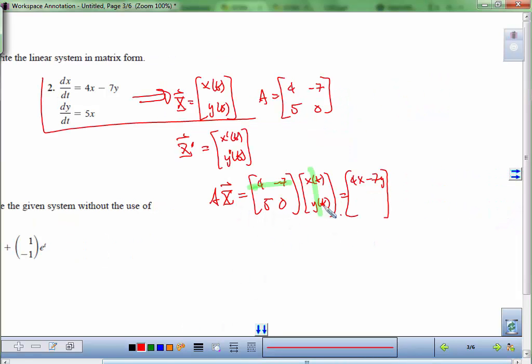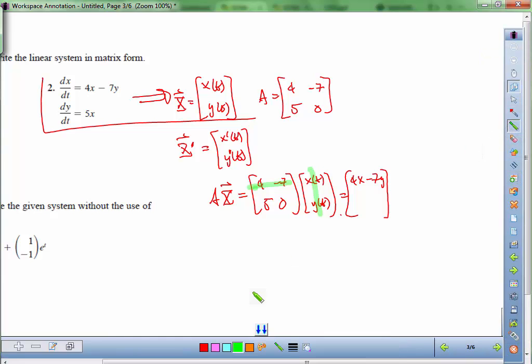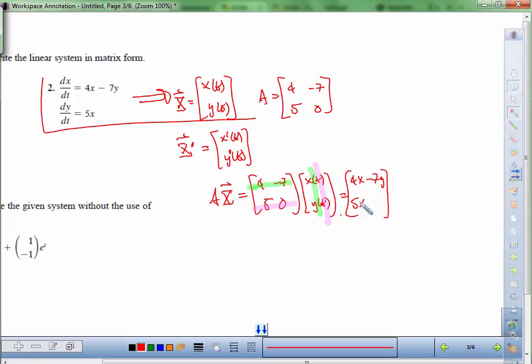And then if we take the second row and that column, it would give us a 5x plus 0y. And so that's exactly what we have on the other side. So we can say that the x prime is equal to this, the y prime is equal to this, and then that's the system.